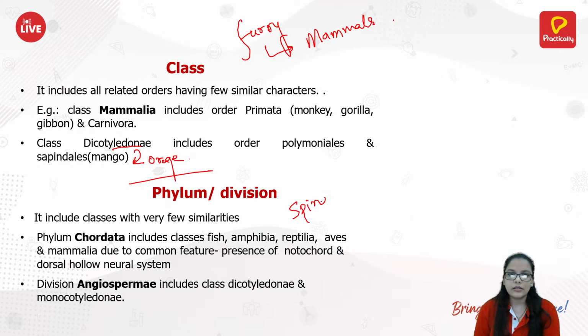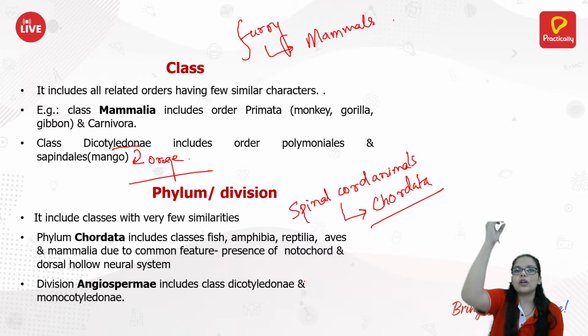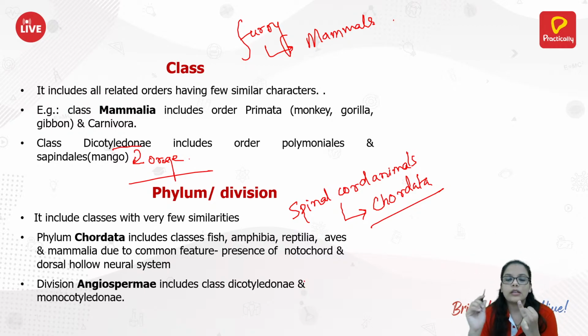All the spinal cord animals are included in phylum Chordata, because be it fish, amphibians, reptiles, or mammals, everybody has a spinal cord or something similar. Some kind of a bony structure at their back. That is when you put it in Chordata.